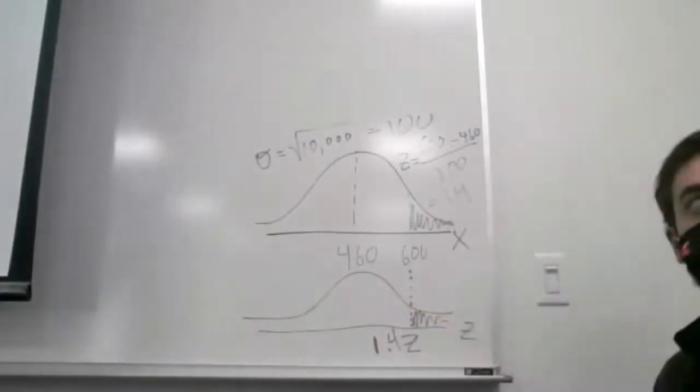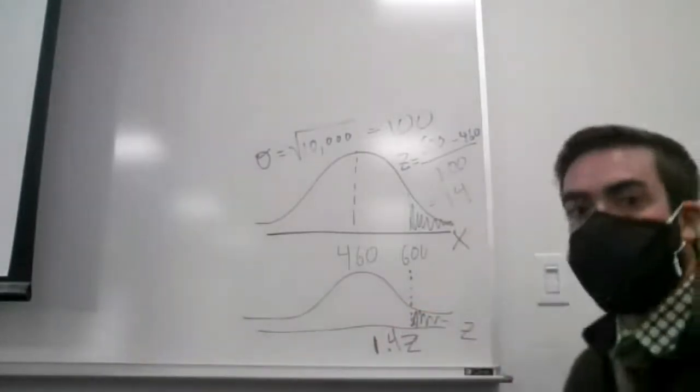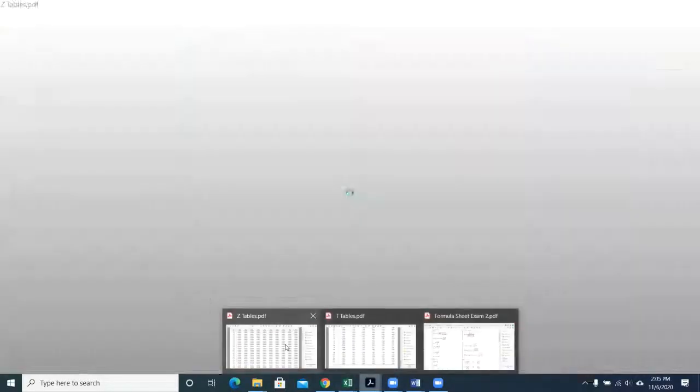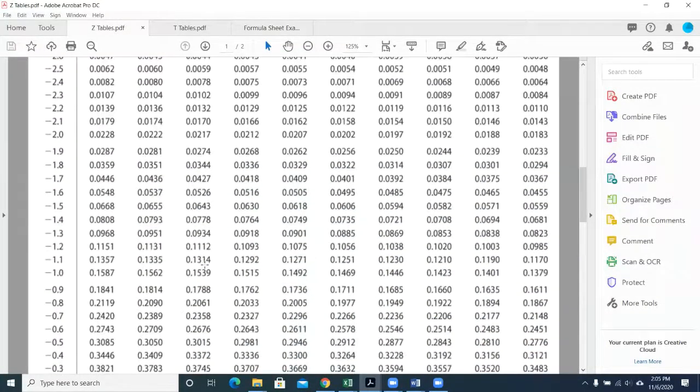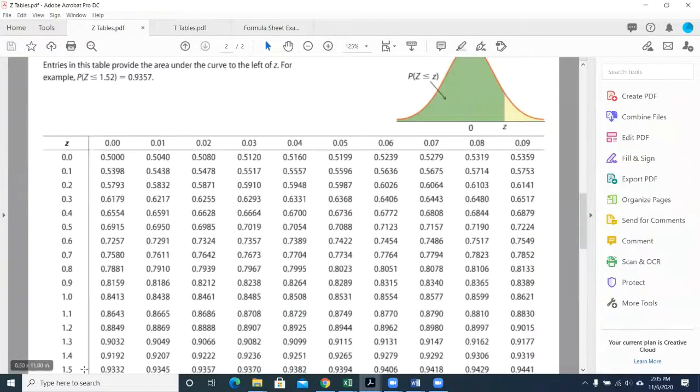Of 1.4. So I'll look that up on my standard normal distribution table. Scroll down here. 1.40. The area to the left of it is 0.9192, right? So that's my answer, right? No, that's subtracted from 1.